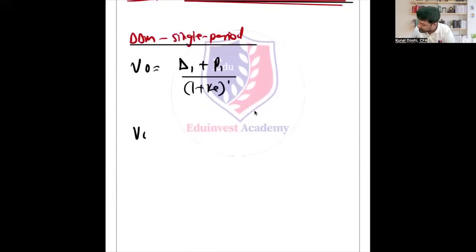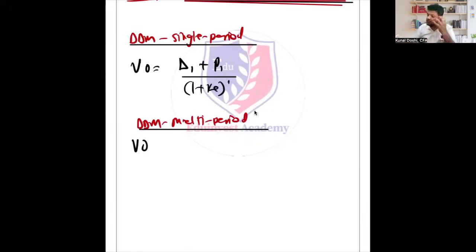Second, the same approach is for the multi-period dividend discount model. What is going to happen, guys? I'm directly doing the multi-period model, let's say for 3 years.